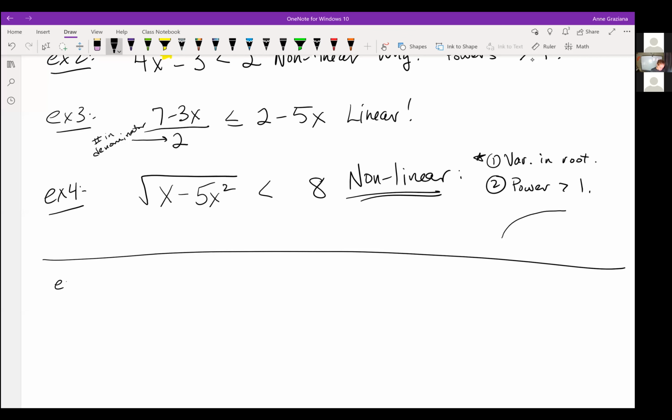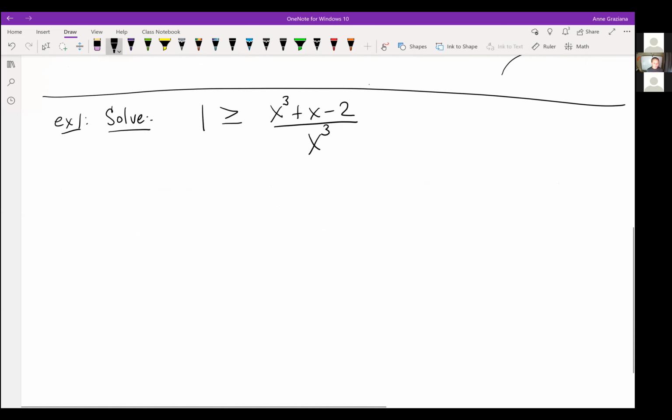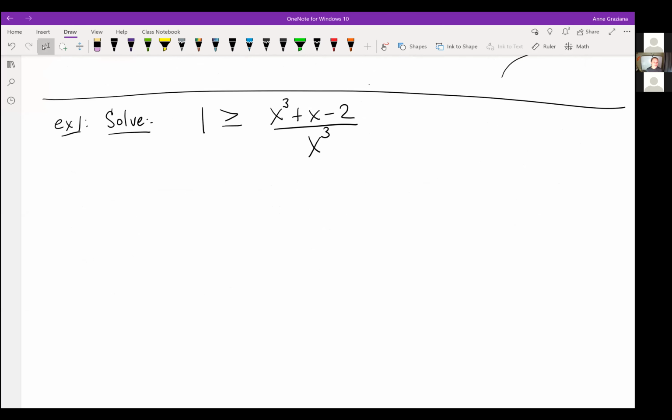Okay, so example 1, let's solve 1 greater than or equal to x to the third plus x minus 2 all over x to the third.